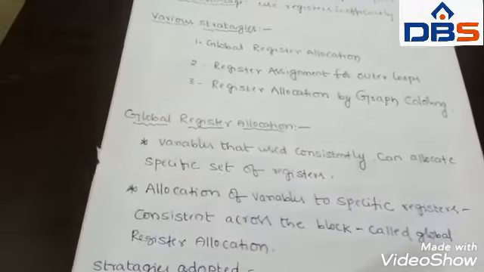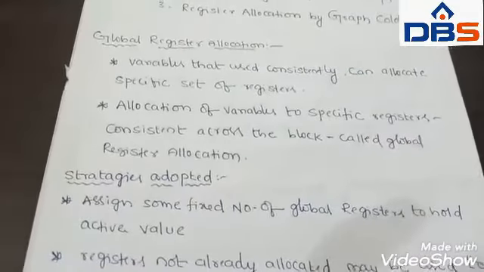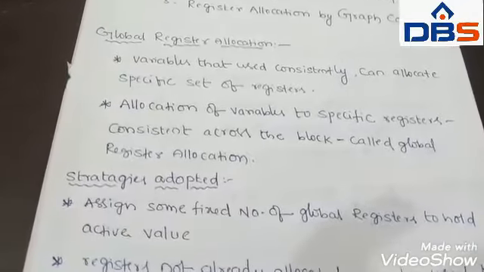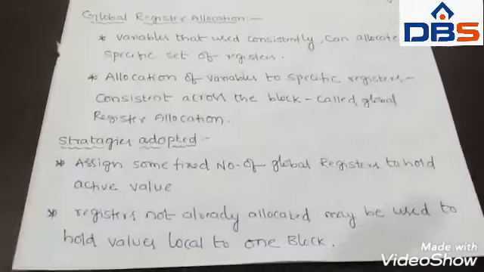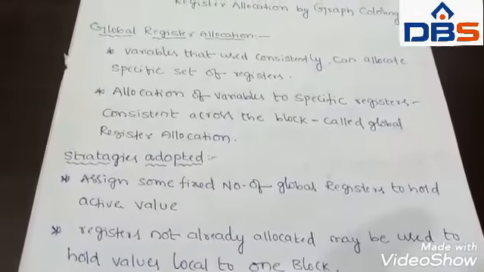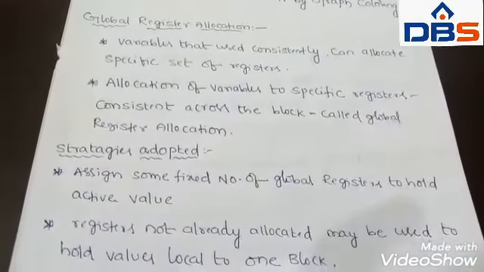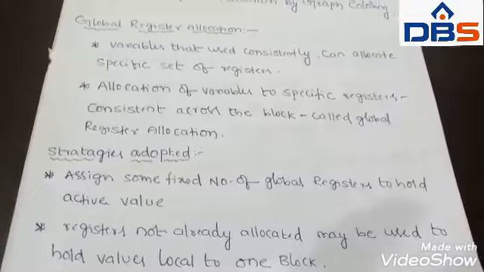There are some strategies adopted while doing global register allocation. Generally, global register allocation has a strategy of storing the most frequently used variables in fixed registers throughout the loop.